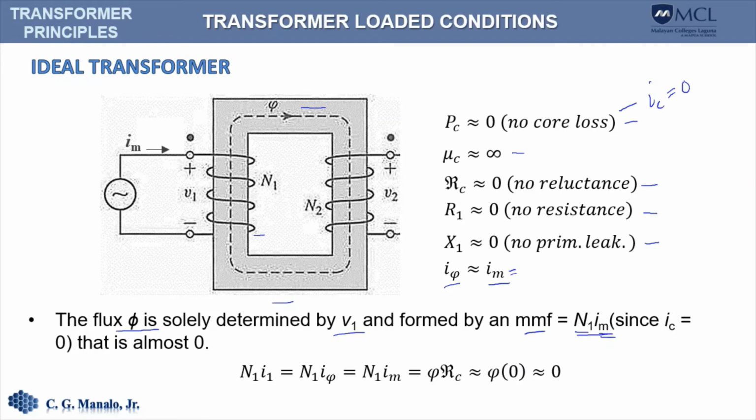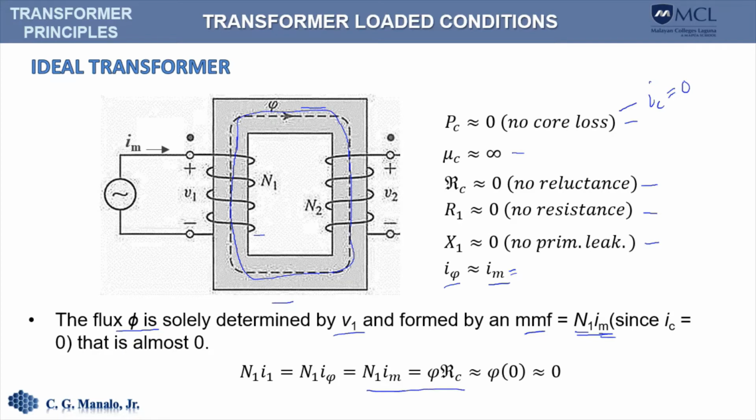Based on Ampere's law, the MMF produced by the primary winding will be equal to the sum of the MMF drops around the magnetic circuit, and that will result in an equation that looks like this.